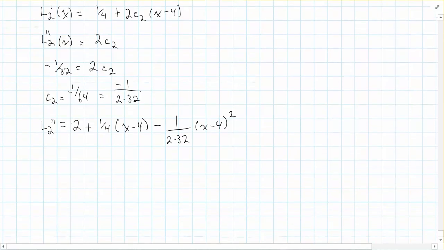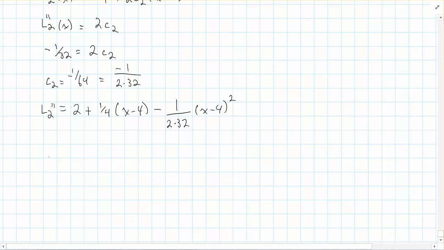Now we said, what are we wanting to do? We're wanting to add on the third derivative here. So we have L3 at x is going to be equal to, well, it's going to already have the same terms as what I've already got.